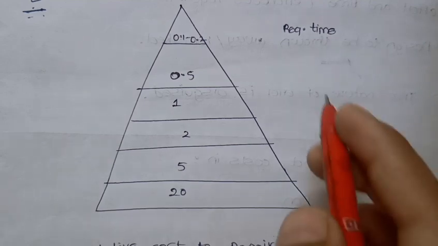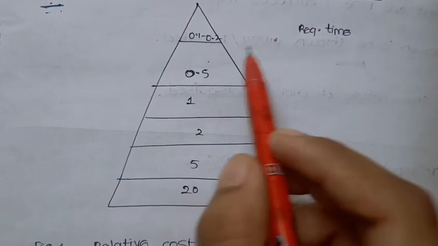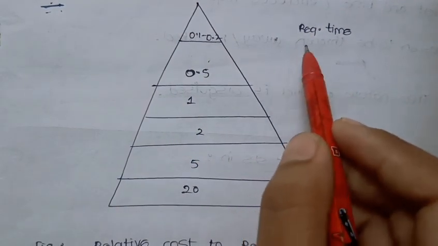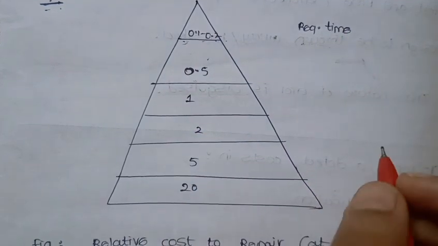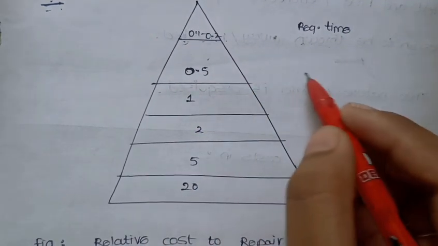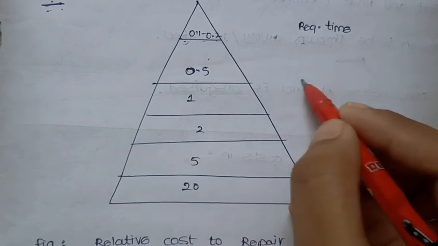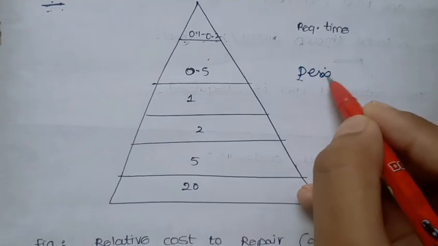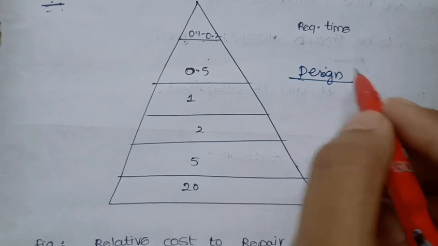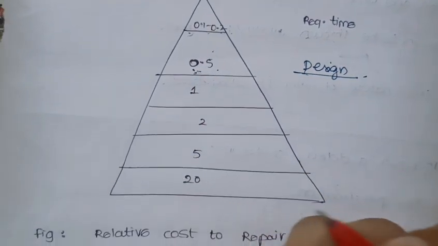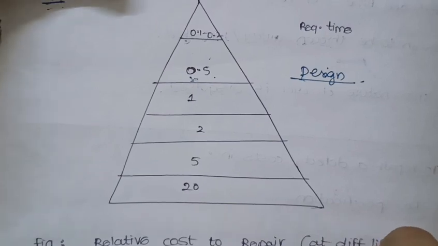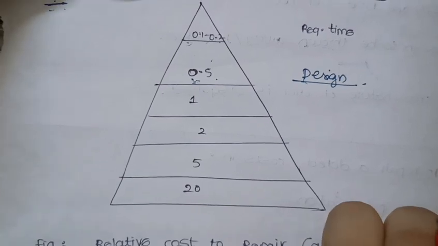So this is basically requirements time. When errors are identified in the requirements period, it is just 0.1 to 0.2 of the budget we are using, and 0.5 refers to the design phase. So when errors are discovered in the design phase, 0.5 of the budget could be spent on clearing the errors.